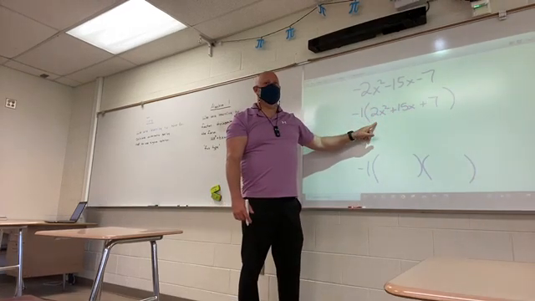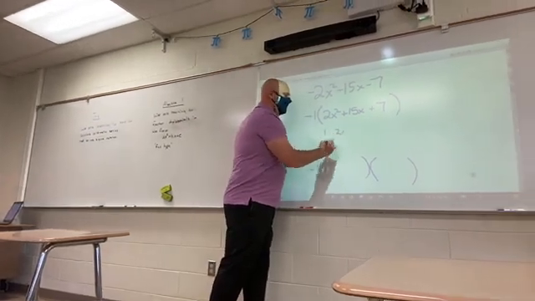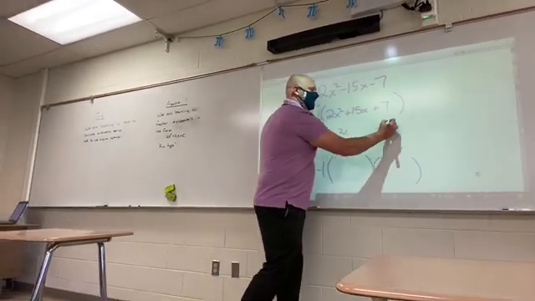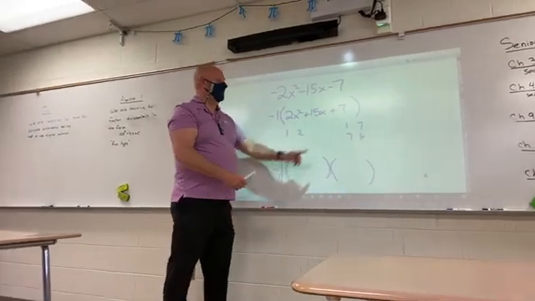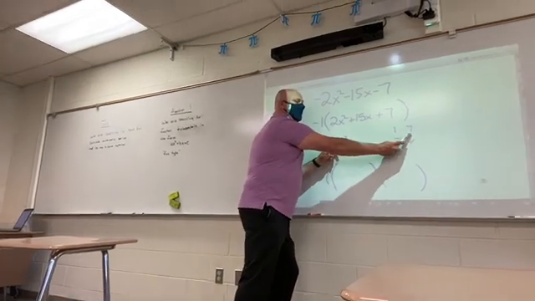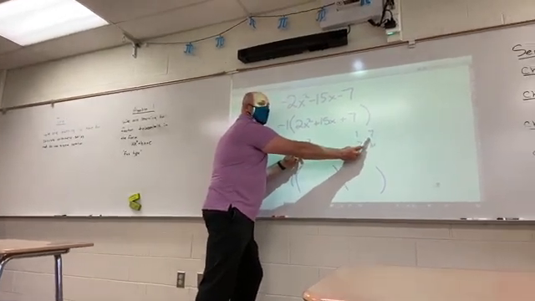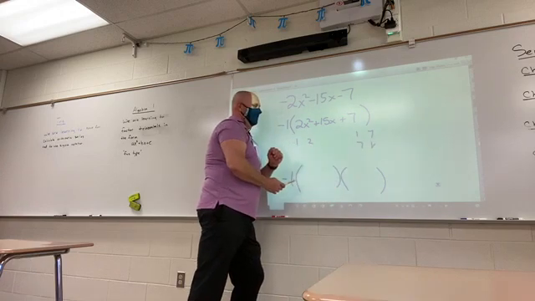We make our list. What are all the different ways to get to a 2? 1 and 2. What are all the different ways to get to a 7? 1 and 7, 7 and 1. We're looking to add up to 15. Outsides give me 7. Insides give me 2. That doesn't work.